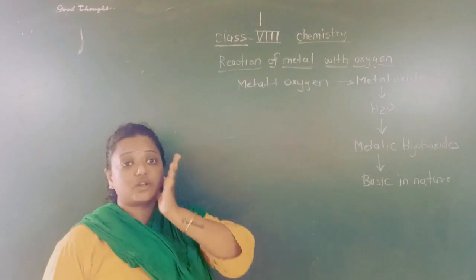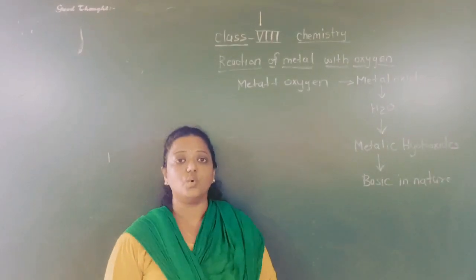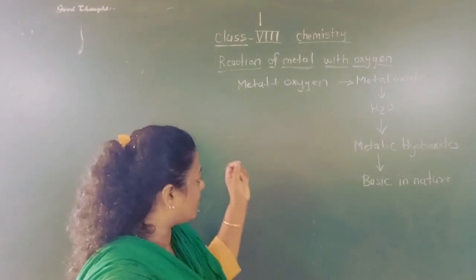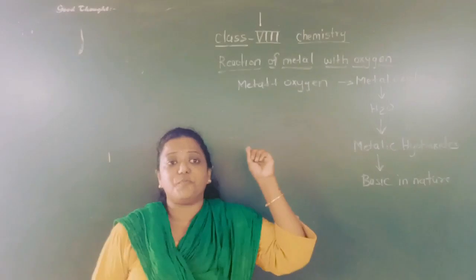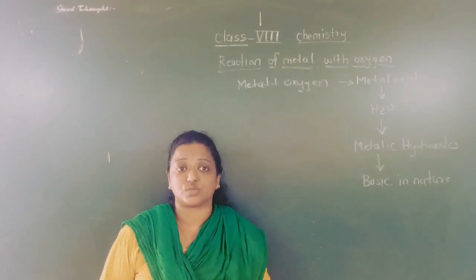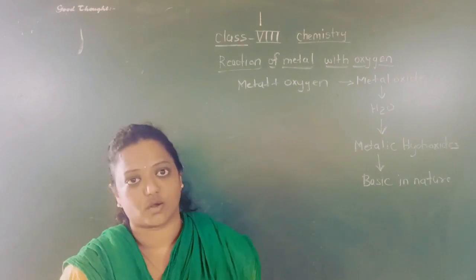Now there is a different concept, students. There are certain metallic oxides which behave like an acid and also like a base. Such metallic oxides are called what? Amphoteric oxides.